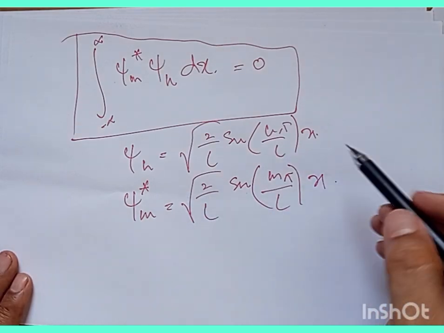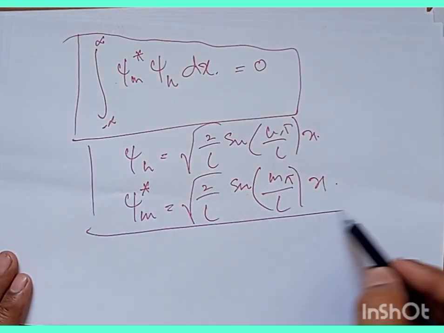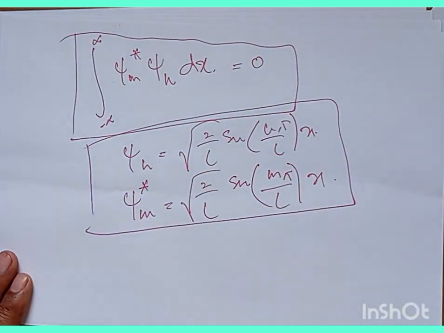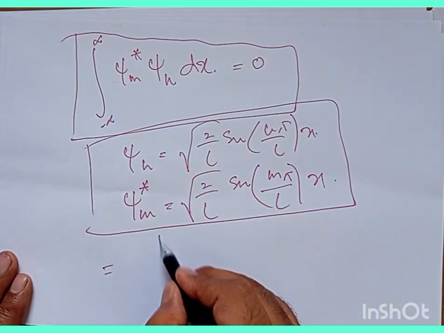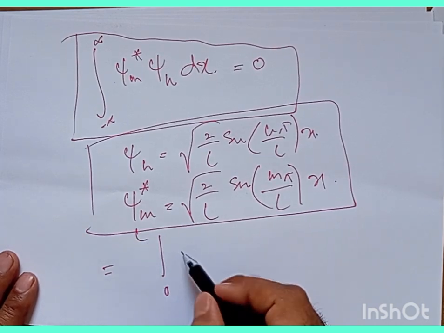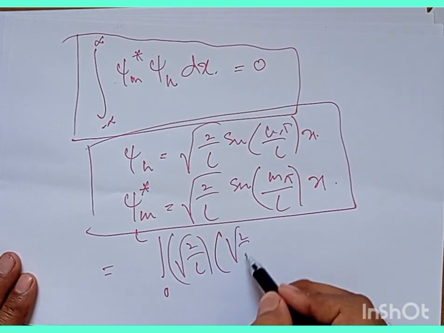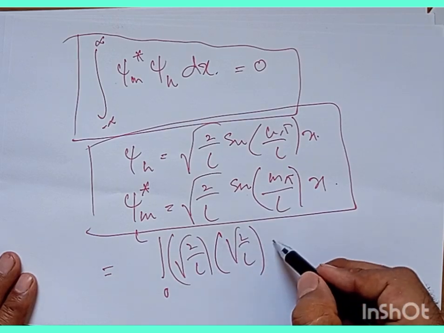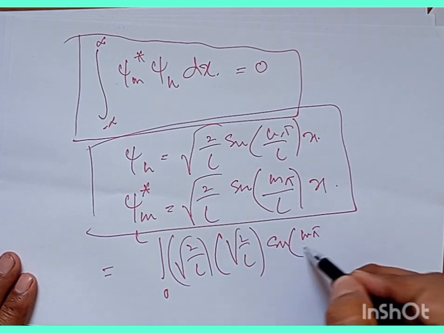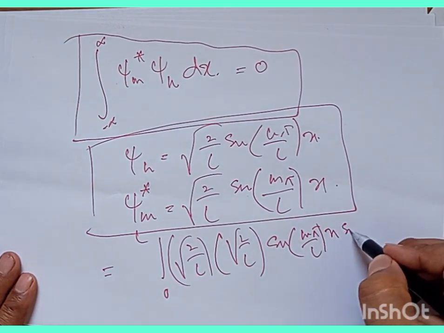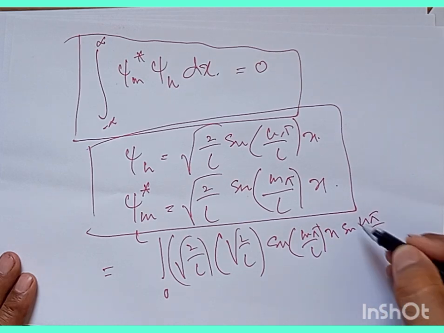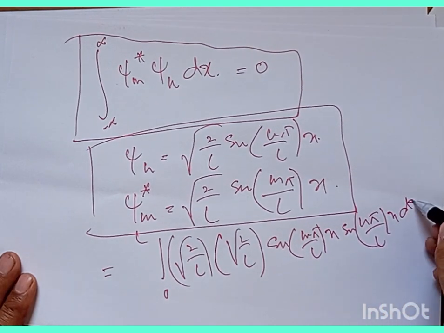Now, using these two wave functions, these two state vectors in the left-hand side of the equation, and using the boundary condition, what it will look like is integral 0 to L, then you will have under root of 2 by L, then under root of 2 by L, then sine of m pi by L x, then sine n pi by L of x, and then dx.